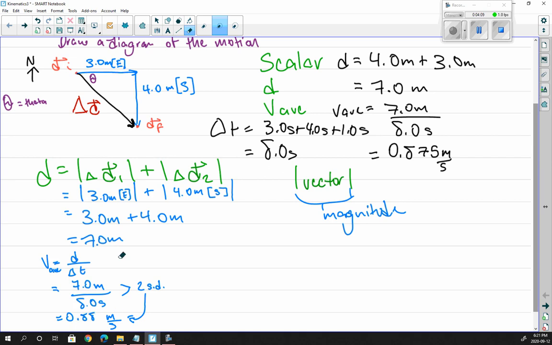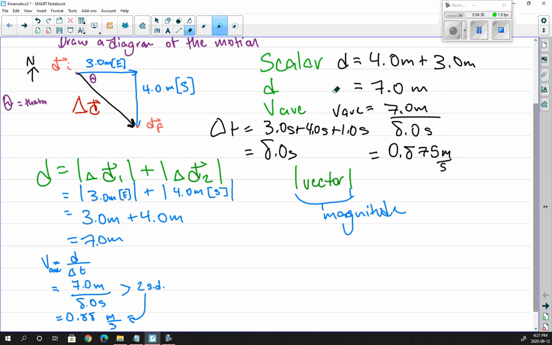Now, does that mean that during the entire motion, the object moved at 0.88 meters per second? No, it's an average. We don't know how the bunny moved. It could have been fast and slow, fast and slow. We know it stopped here for a second. And then fast, slow, fast, slow. We don't know. We're not told. So all we can calculate are the averages.